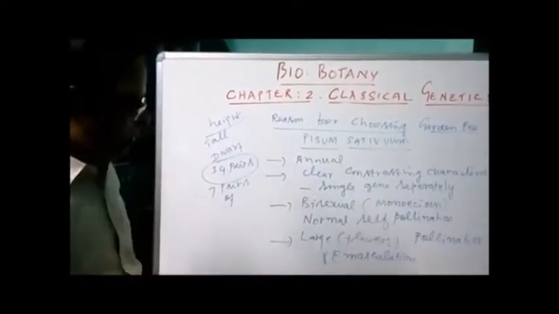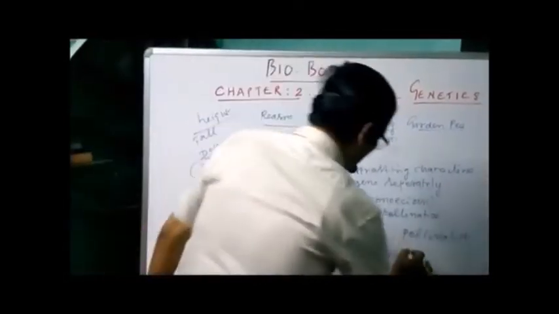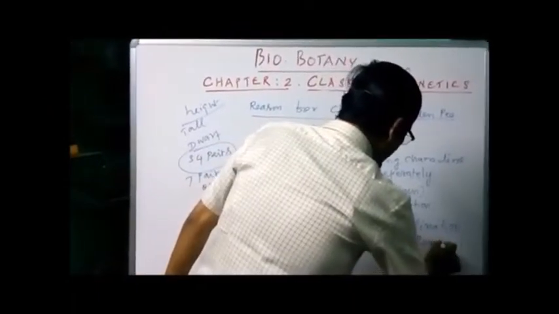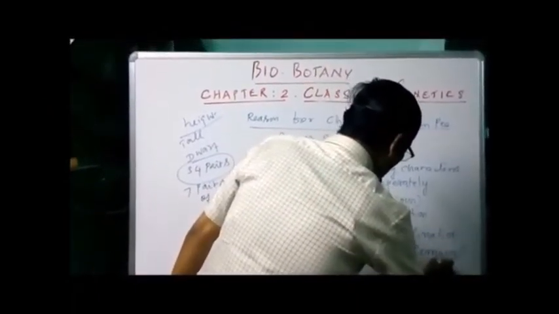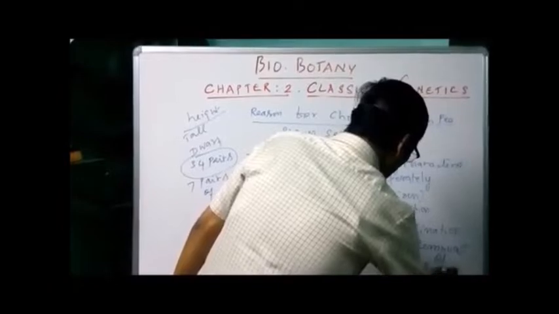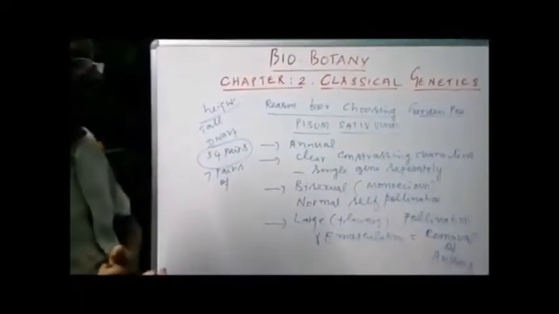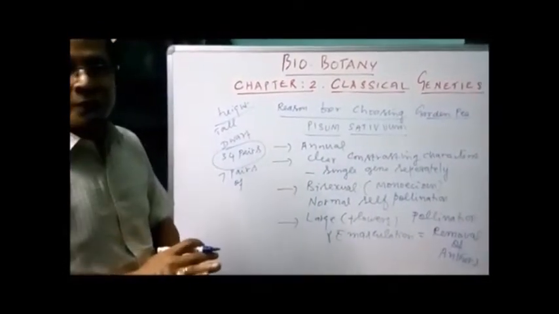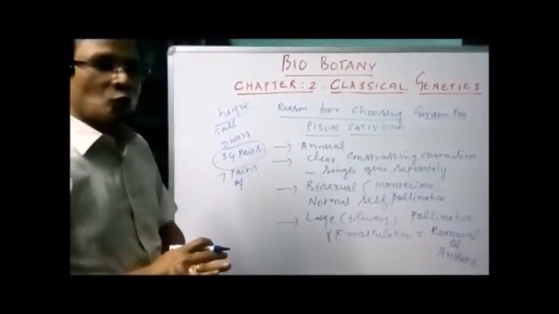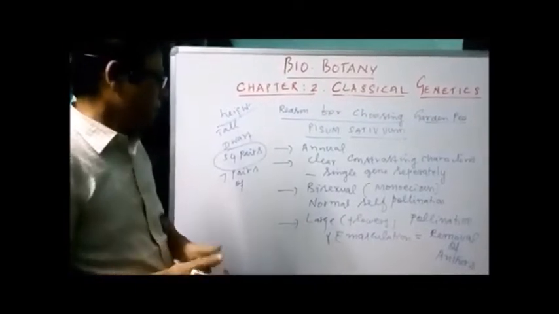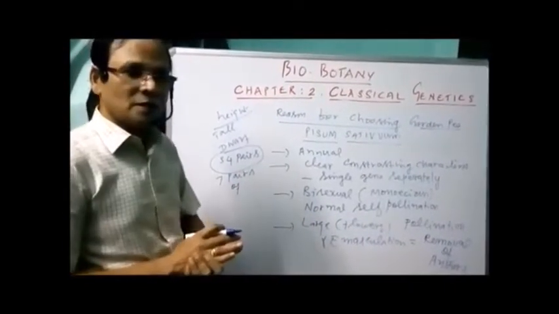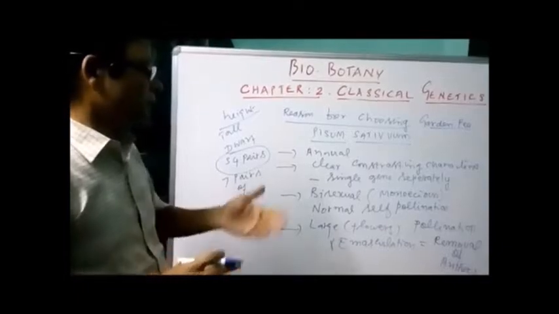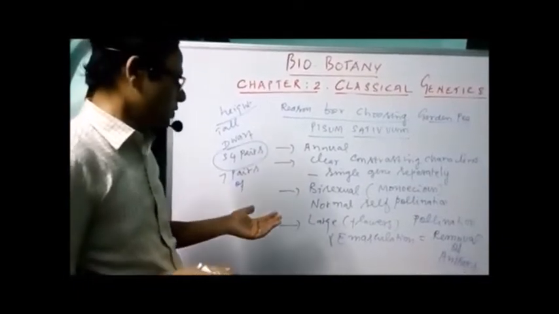The removal of anthers, or stamens, from a flower. If the flower is small, you cannot remove the anthers easily, and you also cannot watch the pollination process. But if the flowers are large, it is easy to follow the pollination process and emasculation.